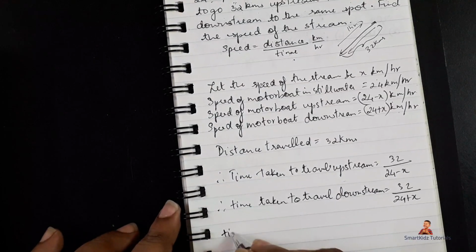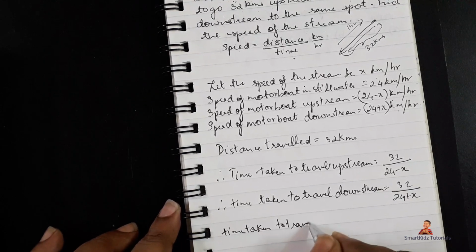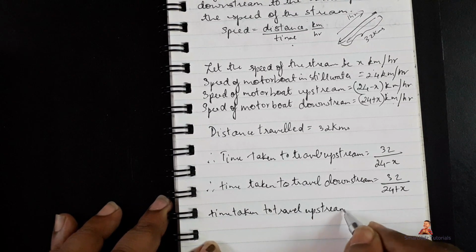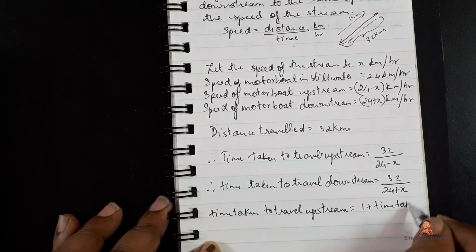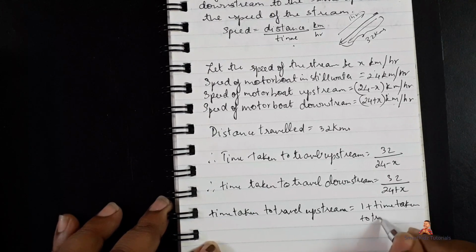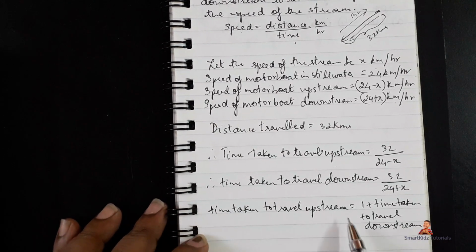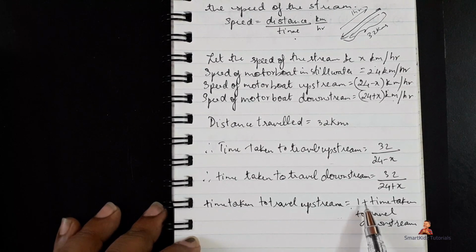So time taken to travel upstream is 1 hour more than time taken to travel downstream. Okay, the time taken to travel upstream is equal to 1 hour more than the time taken to travel downstream.